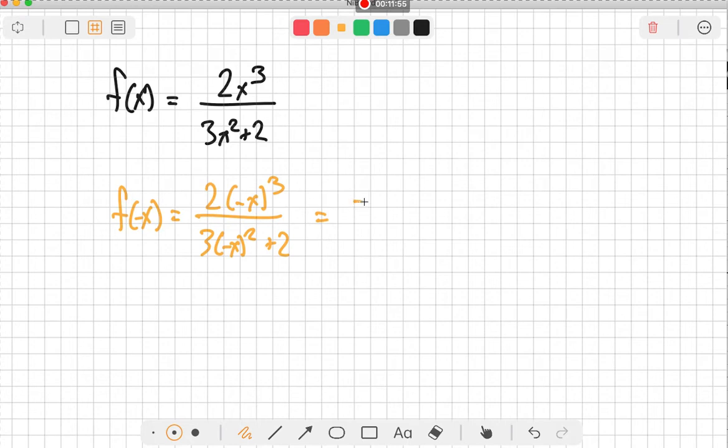Again, that's going to give me a negative 2x to the third. The negative x squared is going to be a positive, so I get 3x squared plus 2. So I have the opposite of the numerator, but not the opposite of the denominator. So what does that mean?